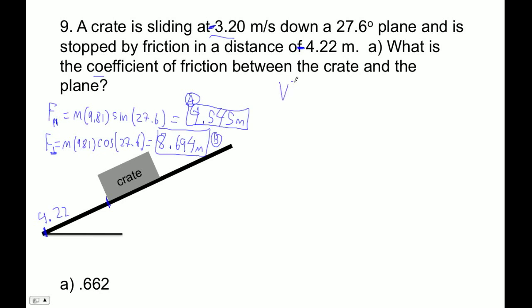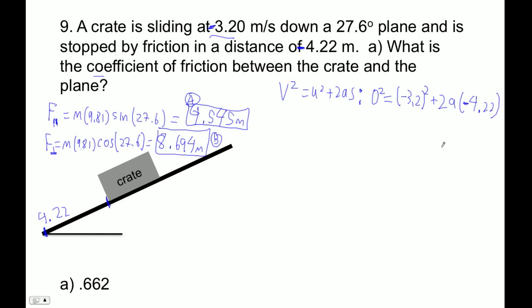So I'm going to use v squared is u squared plus 2as, right? The final velocity, of course, is 0 squared, right? Equals negative 3.2 squared plus 2 times a times the displacement, which is down the plane, 4.22, right?